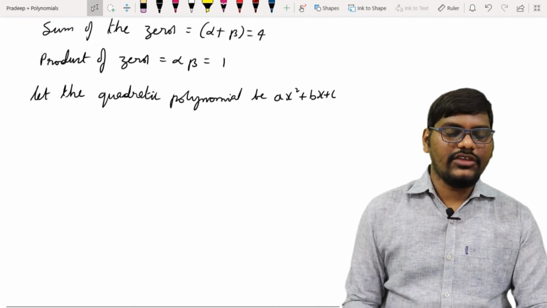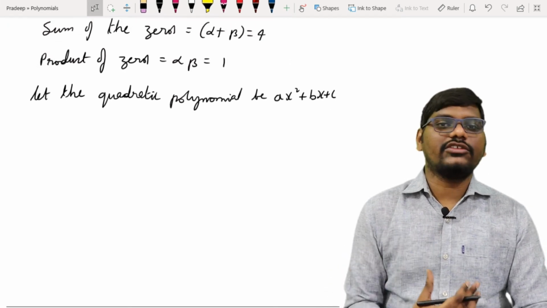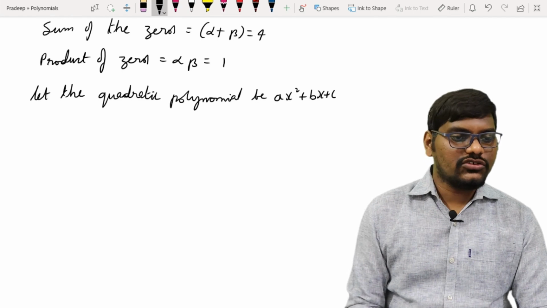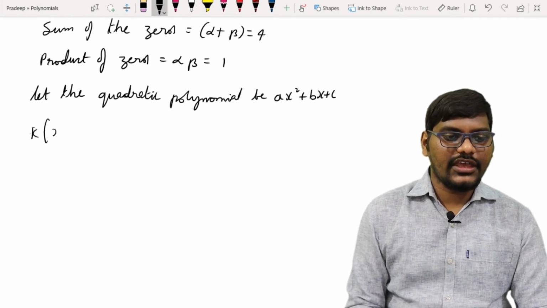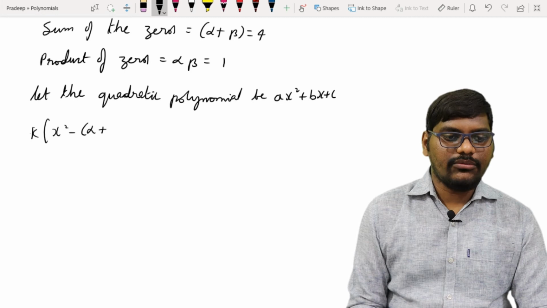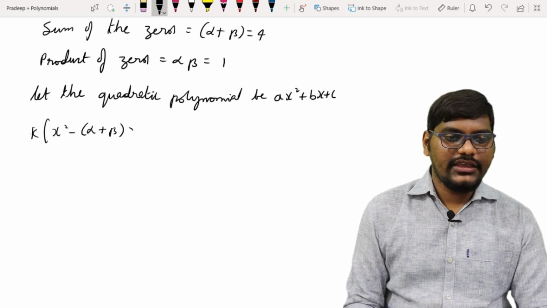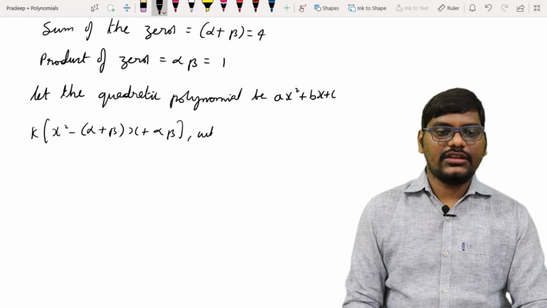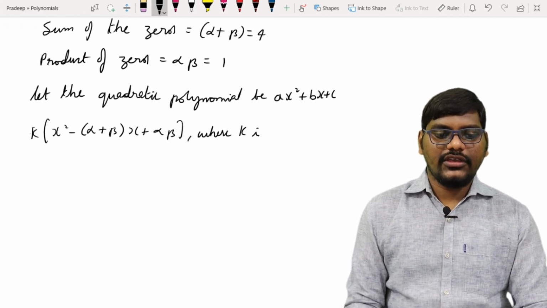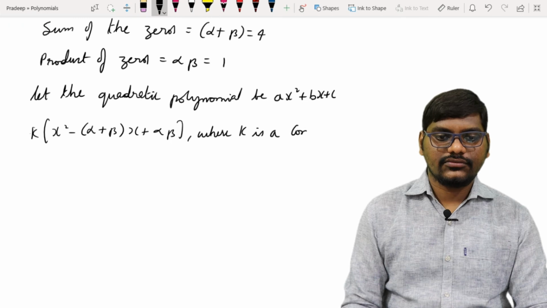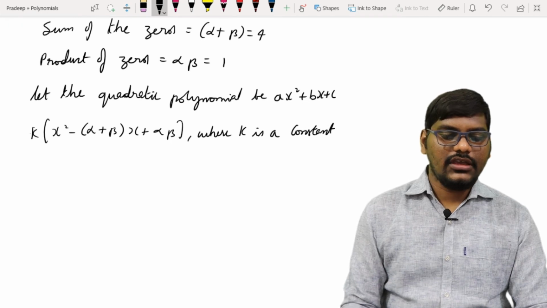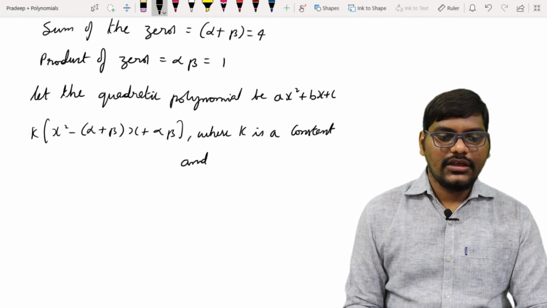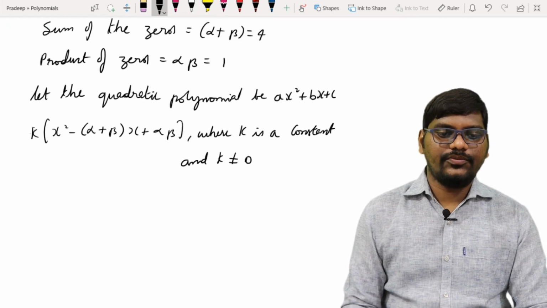So they have given the sum and product of the zeros, so we have to take the form as k x square minus the sum, that is alpha plus beta, x plus the product alpha beta. Where here k is a constant, okay, and k is not equal to 0.